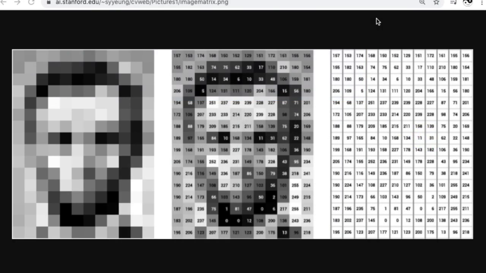Hey everybody, this is Michael. After the video, I just want to show you a proper visualization of black and white matrix values in an image from the Stanford website. This is a picture of Abe Lincoln's face. As you see, his more defined features have a value closer to 0.